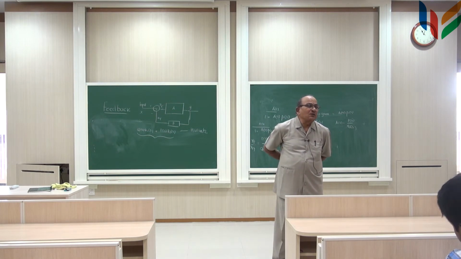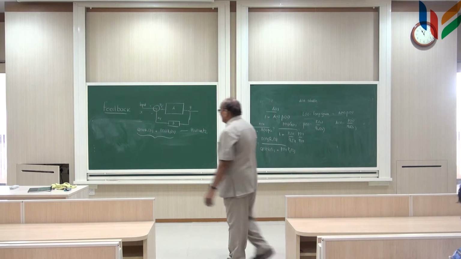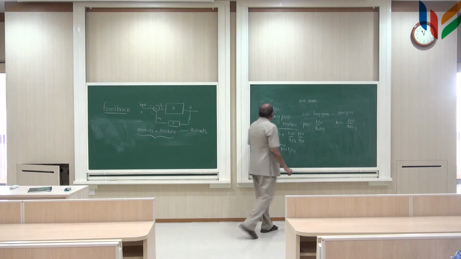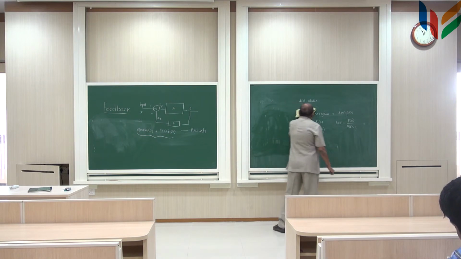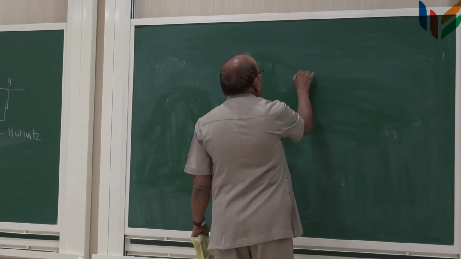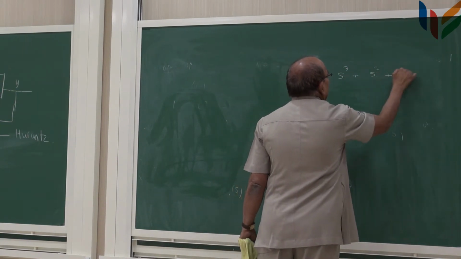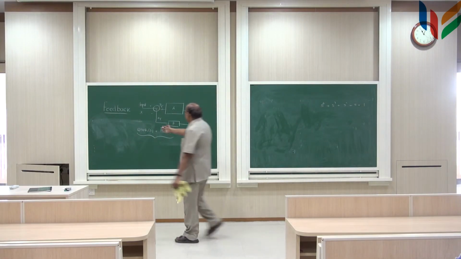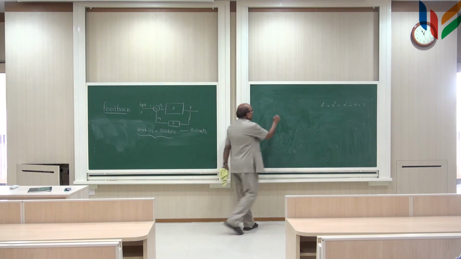Now the question is, how do you test whether the polynomial is a Hurwitz polynomial or not? I gave you in 101, if I remember well. If you have a polynomial like this, I am just giving an example, then the Hurwitz polynomial test gives you the following method.